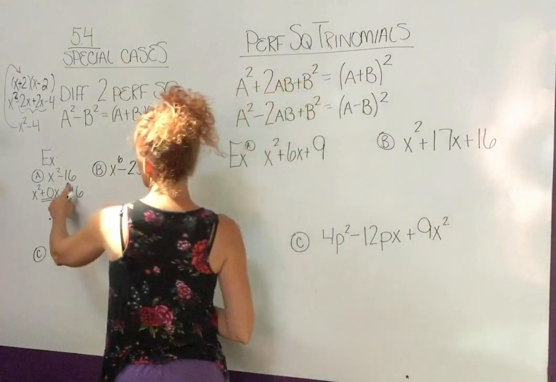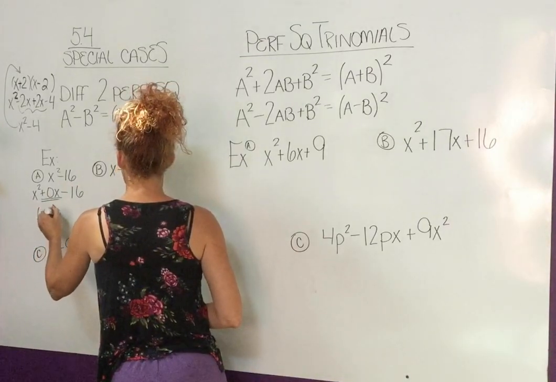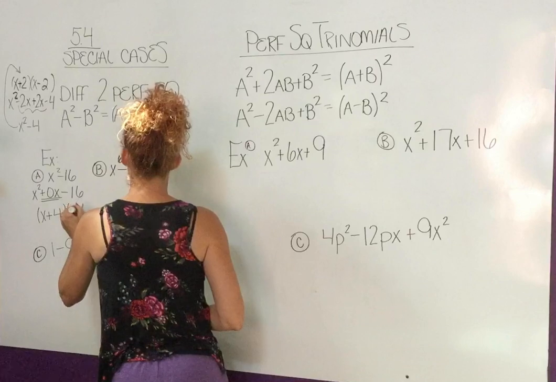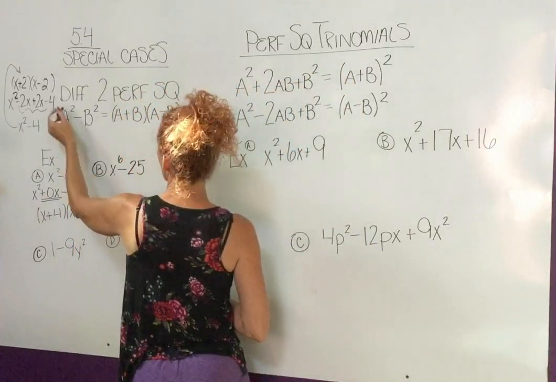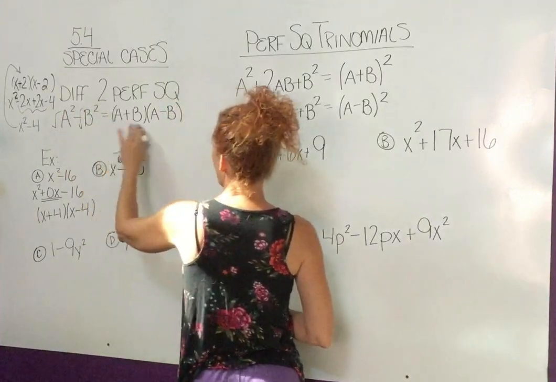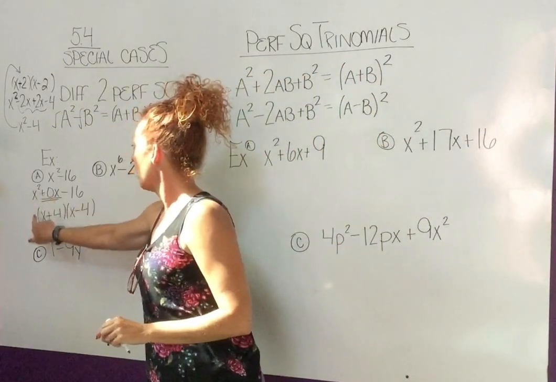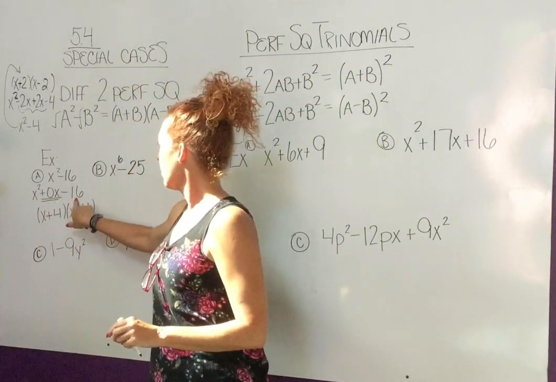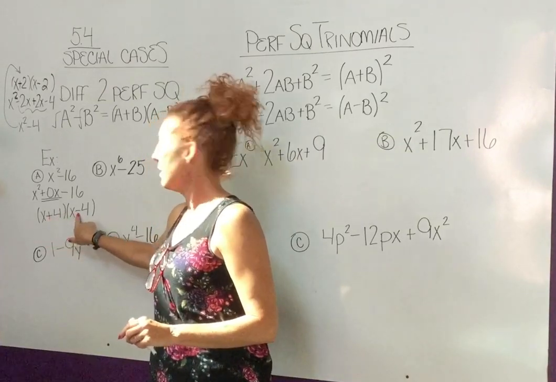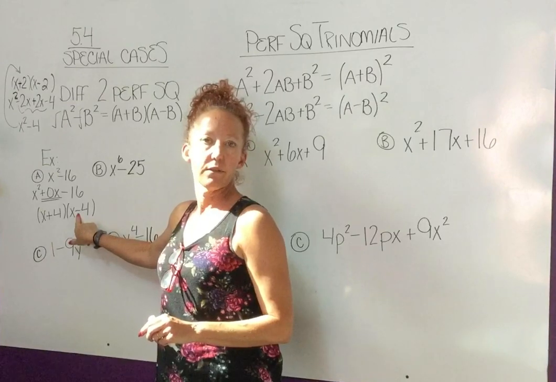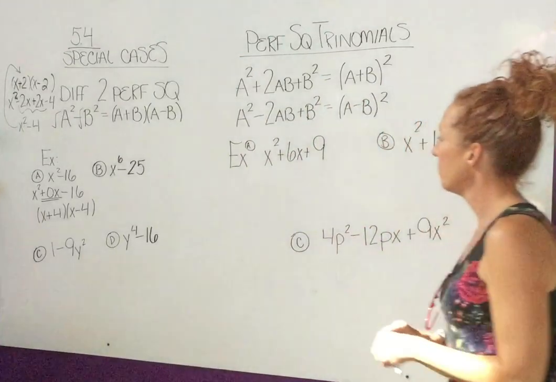So two numbers that multiply to negative 16 and add up to 0 give x plus 4 and x minus 4. So you basically just take the square root of the first and the square root of the back and plop them in their spots. The square root of x squared is x and x. The square root of 16 is 4 and 4, and one positive and one negative. So a lot of different ways to think through the same exact type of problem.